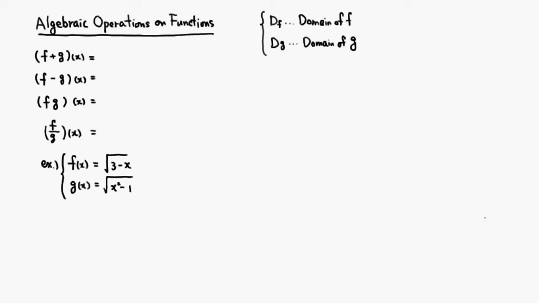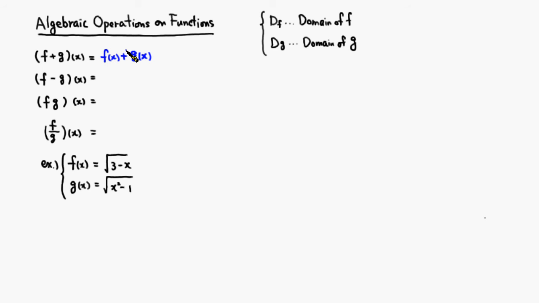All right, let's look at the algebraic operations on functions. When you have f plus g of x, this simply means take f of x and g of x added together.